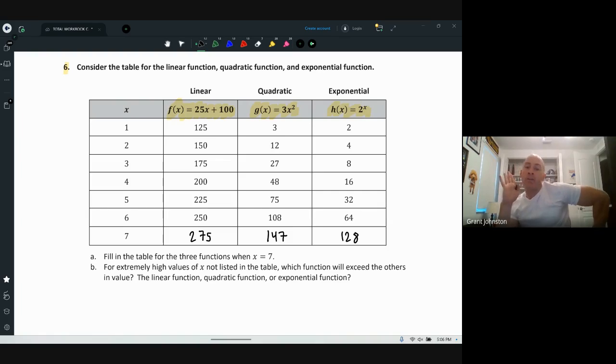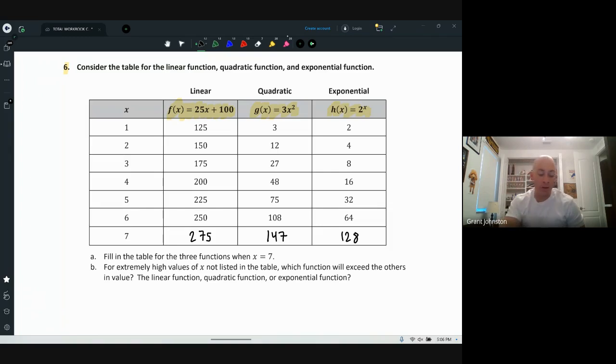Now here's the kind of important concept with these functions in letter B. It says for extremely high values of x not listed in the table, which function will exceed the others in value? The linear function, the quadratic function, or exponential function?